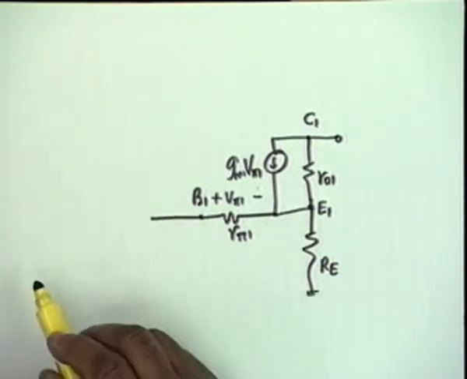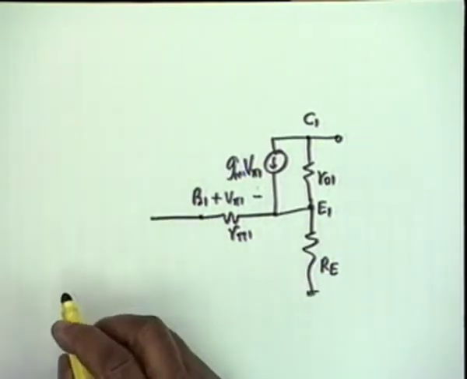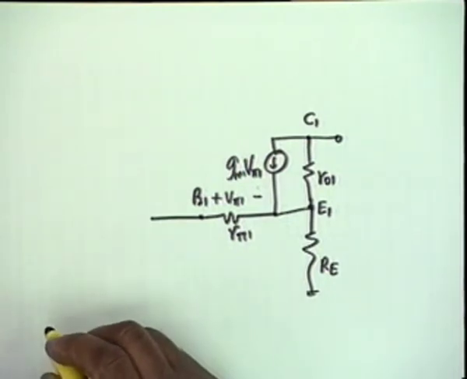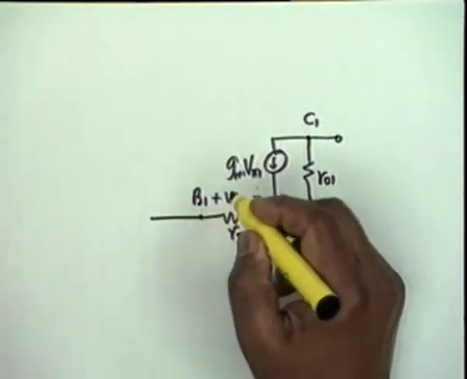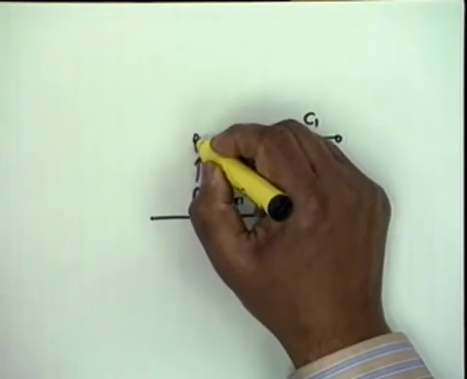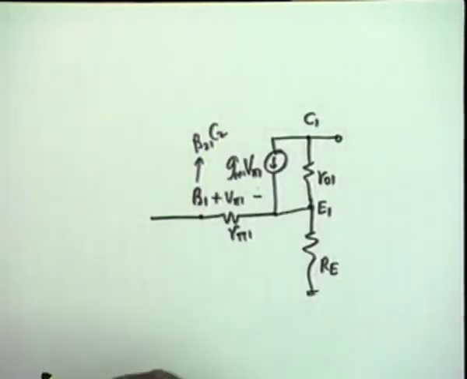Now B1 is also the same as C2, collector 2. Base 1, base 2 and collector 2 are connected together. So B1 is the same as B2 and C2.